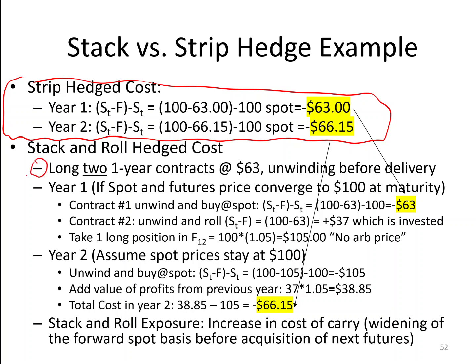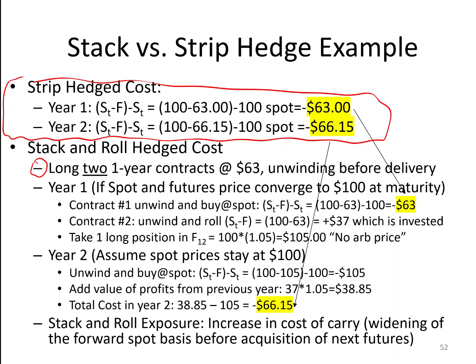They're going to go long on 2 contracts at 63. So they're going to do 2 of these 1 year contracts at 63. They're not going to enter into a 2 year contract today. Then at the maturity of the 1 year contract, they're going to unwind both of those 2 contracts at 63.